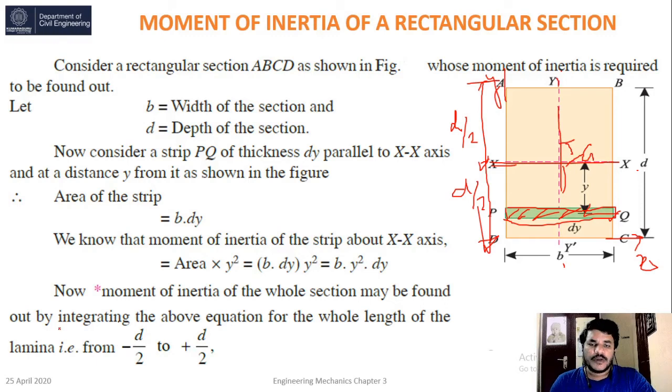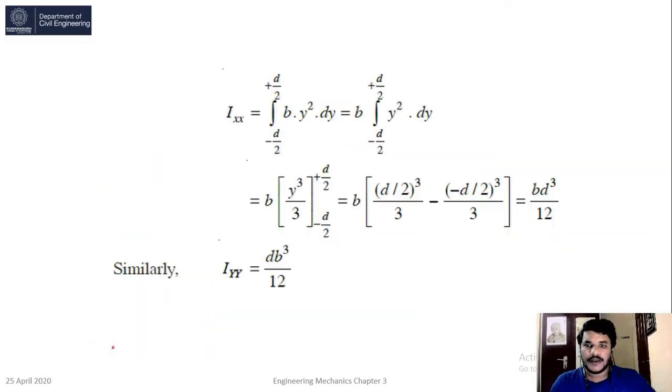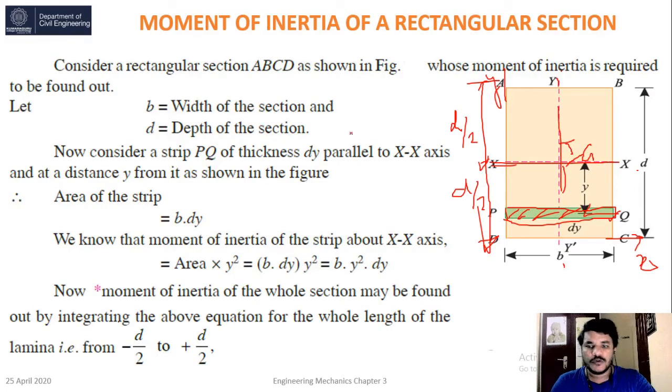If you are integrating, you need to substitute these limits. Now Ixx, the moment of inertia about the xx axis, is the integration from minus d by 2 to plus d by 2 of this equation, which is the moment of inertia of the small strip.